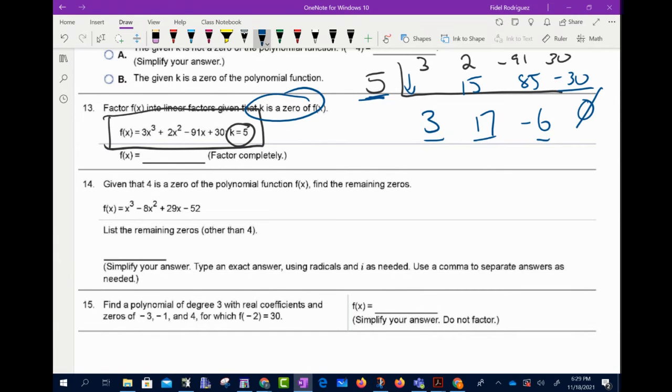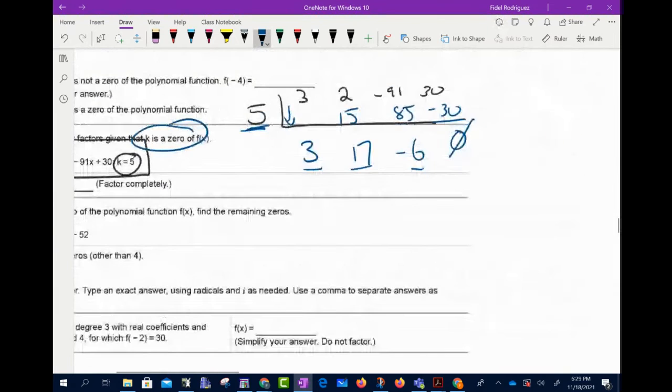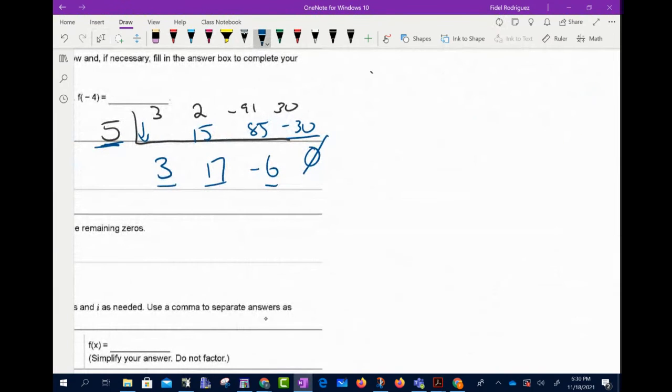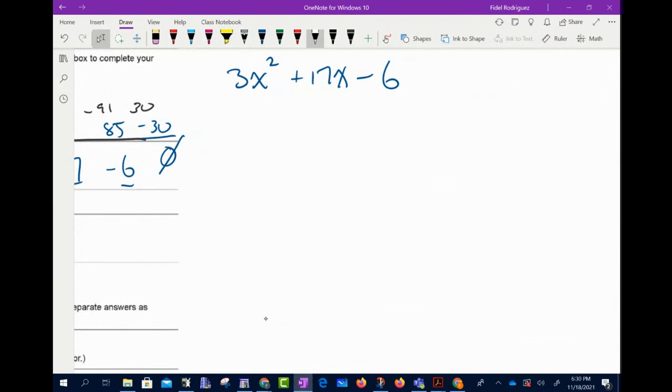Okay. Now we're going to figure out how to write the factors. Remember what we have: 3x squared plus 17x minus 6. What we want to do is factor this. When I want to factor a polynomial like this, the first step is to take the first number times the last number. So when I multiply 3 times negative 6, I get negative 18.